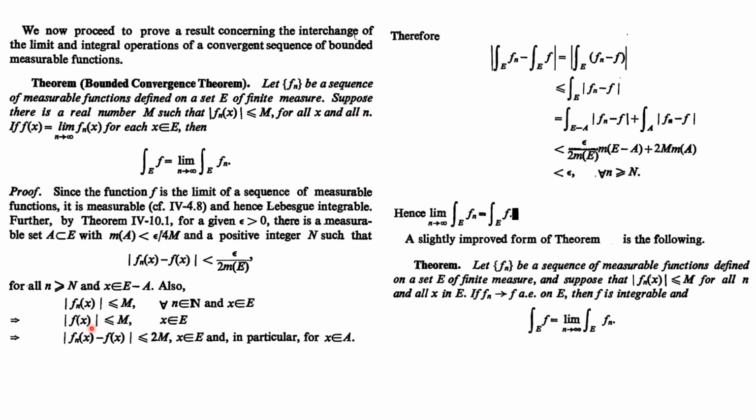So this implies the limit function is also bounded for all x. So this implies |fn(x) - f(x)| will be less than or equal to |fn(x)| plus |f(x)|, but this is less than or equal to M plus M, which is 2M for every x belonging to E. So in particular this will be true for every x belonging to A.